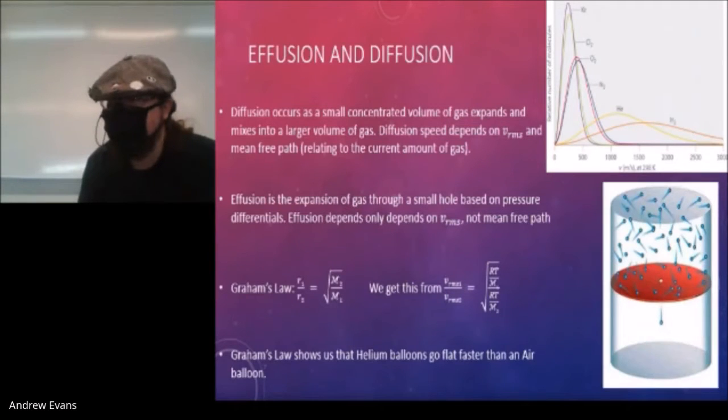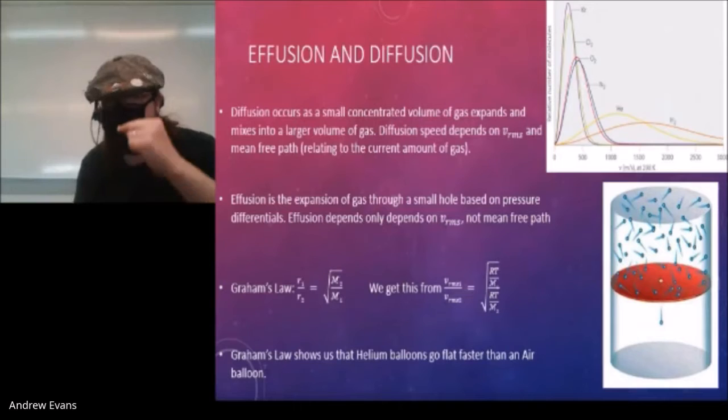And as they leak out, the balloon will slowly go flat over time until the pressure inside and outside have been equalized. Gas particles will hit that pinhole based on their speed. The faster the gases are ricocheting around, the more likely they're going to ricochet into that pinhole. It's just a sheer random bouncing around effect.